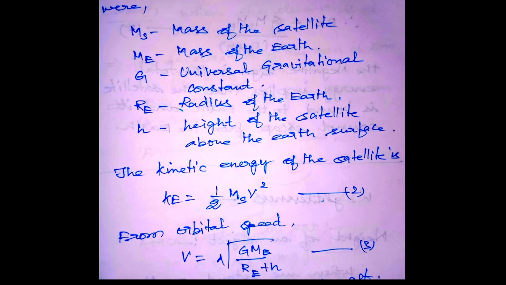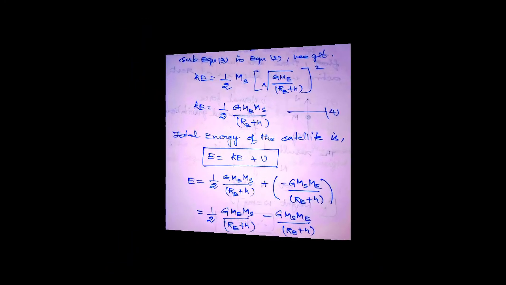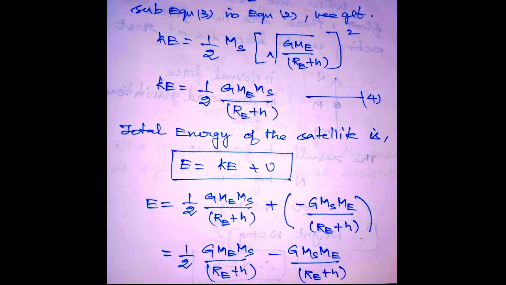In the last class we studied the orbital velocity formula. So v is equal to square root of G Me by Re plus h. This is equation number 3. Now substitute the v value in equation number 2. So we get kinetic energy equals half Ms into square root of G Me divided by Re plus h, whole square.